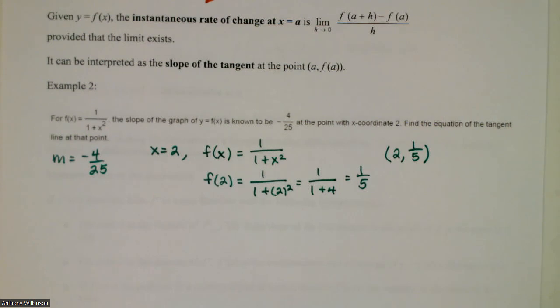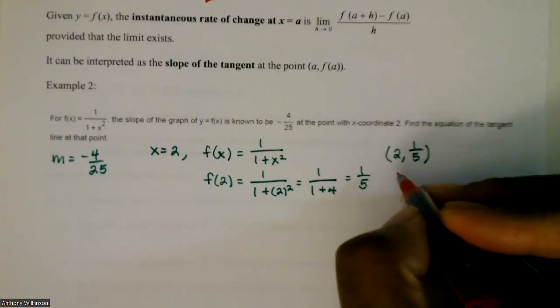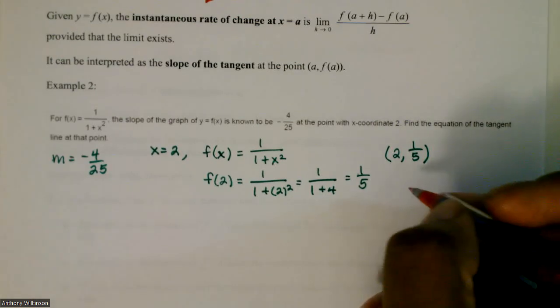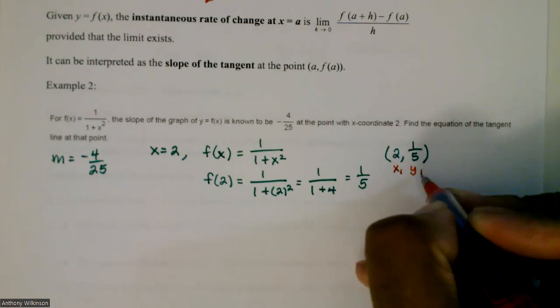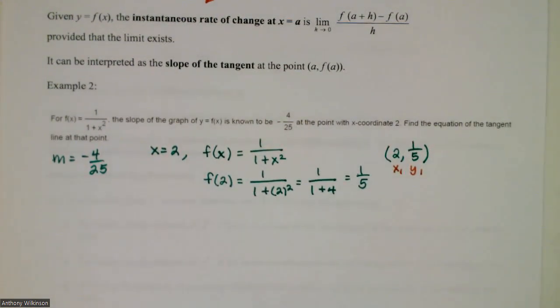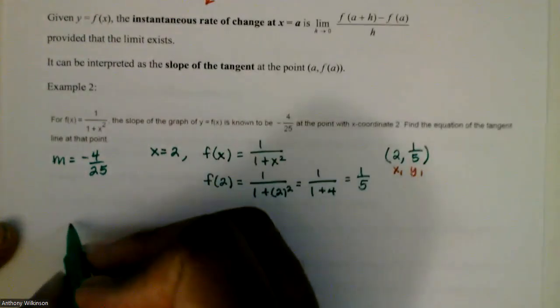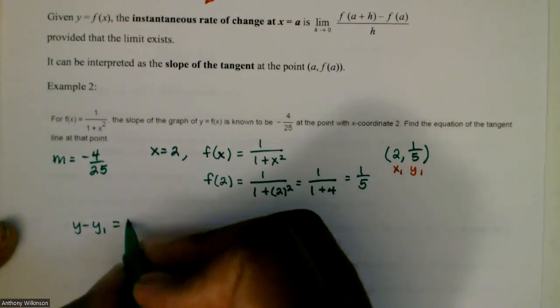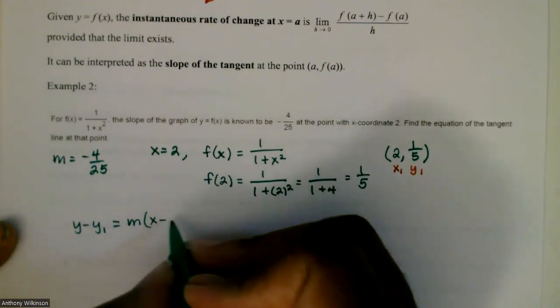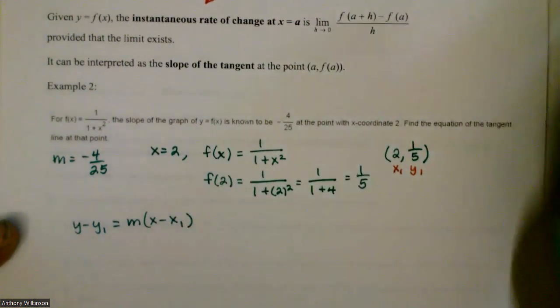So we can use the point slope form and find out what the equation of the tangent line is at this point. So x1 will be 2, y1 will be 1/5. Our point slope form, if you recall, is y minus y1 equals m times the quantity x minus x1.